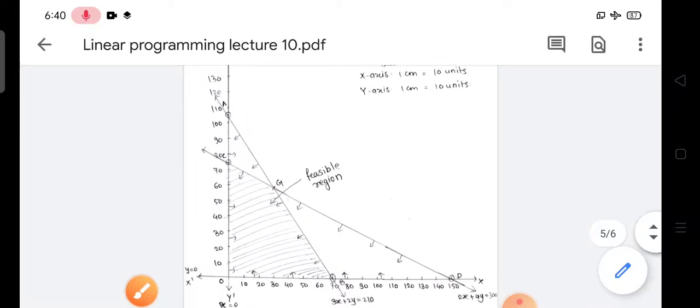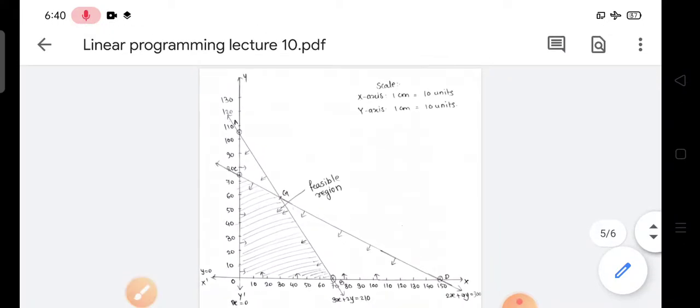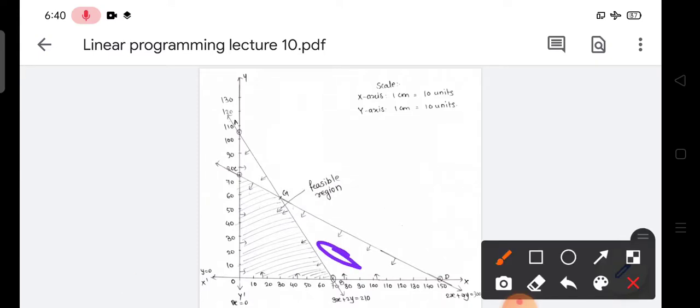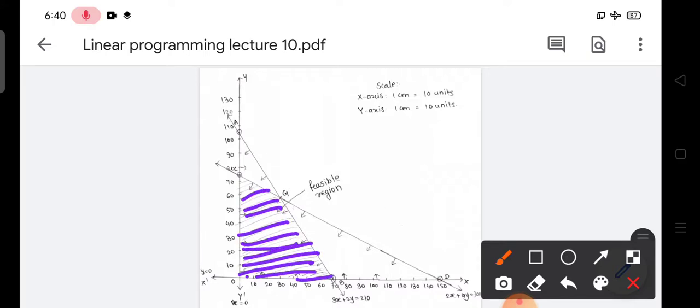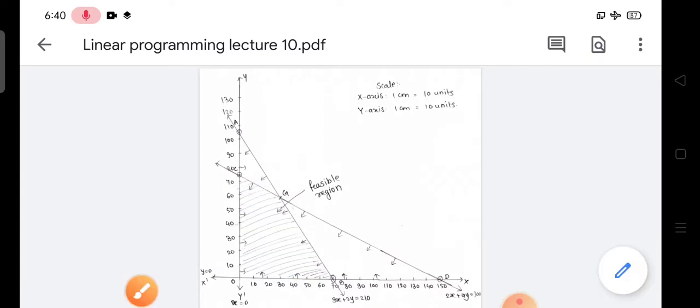Okay, now observe where all the solutions belong. That will be your feasible region. We couldn't take this region because this line's solution doesn't belong here. So we'll take the feasible region as this shaded common region, where all the equations are satisfied by all the points included here.